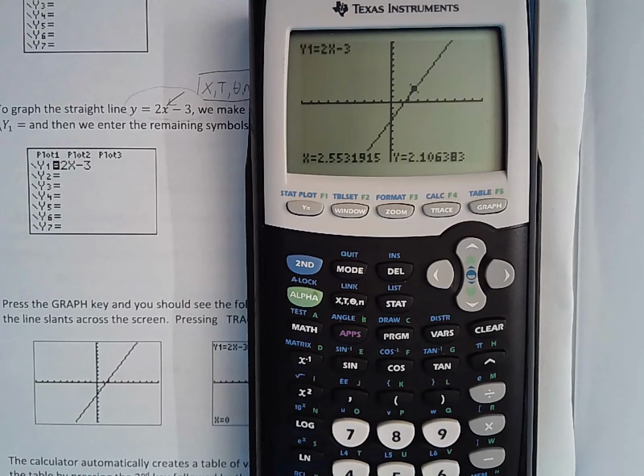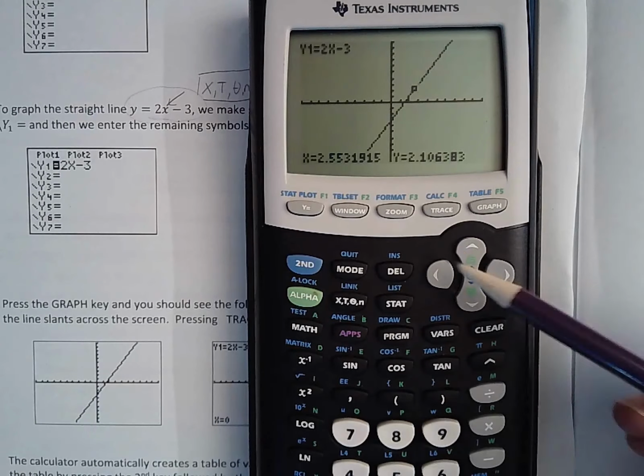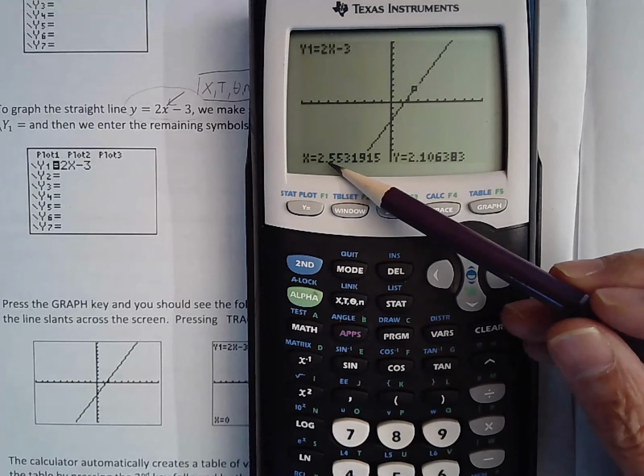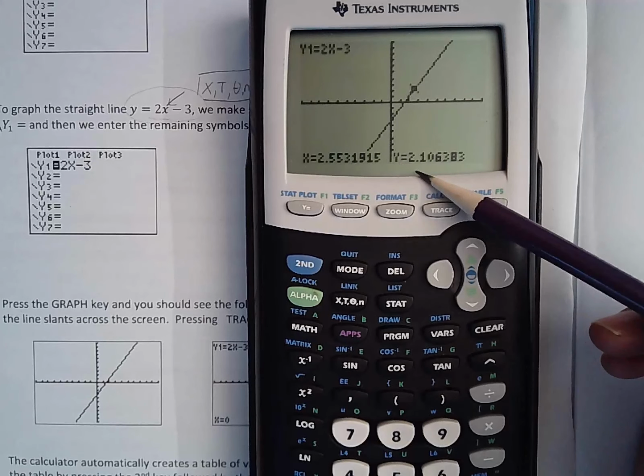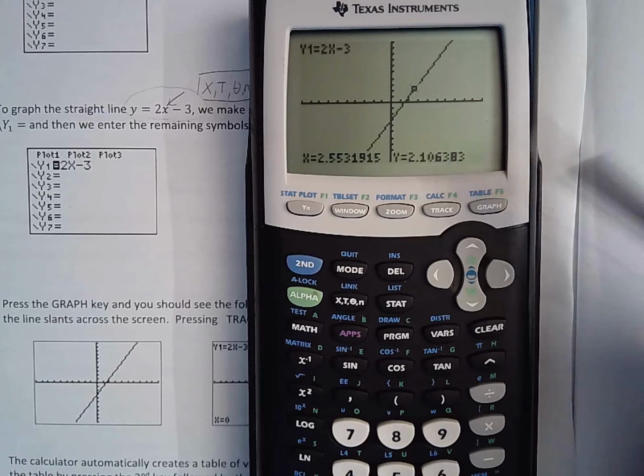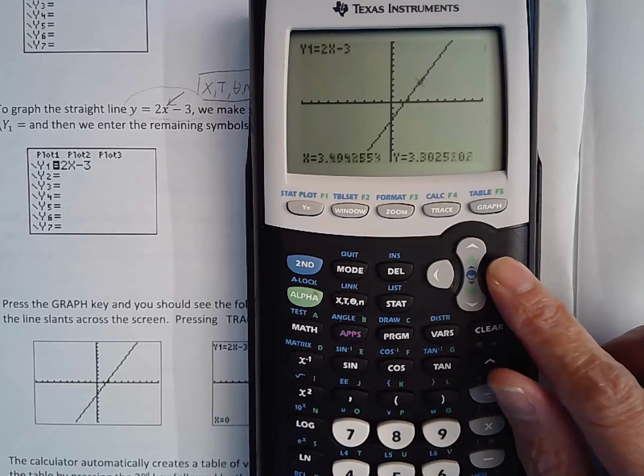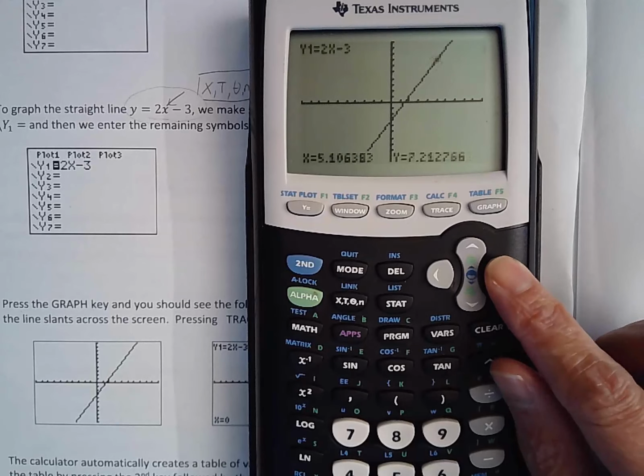As x changes, at that particular point, when x is 2.553, what is the y value? 2.10. So I can trace along and figure that out from there.